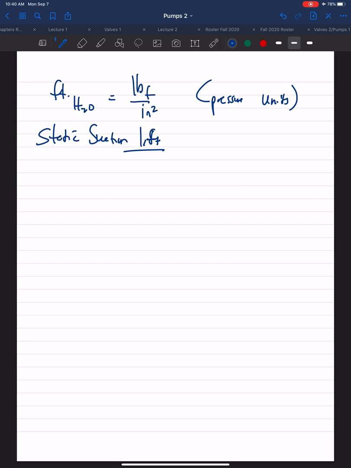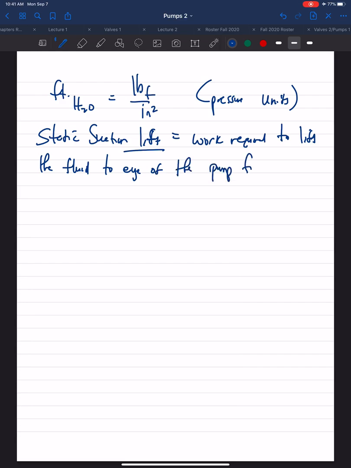The source fluid is below the pump suction. This is defined as the work required to lift the fluid to the eye of the pump for a given set of conditions.